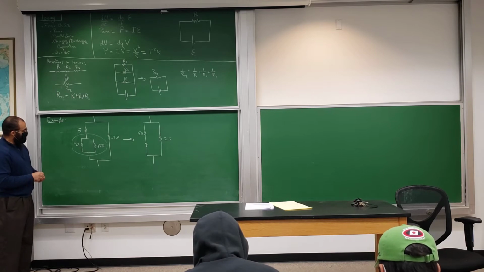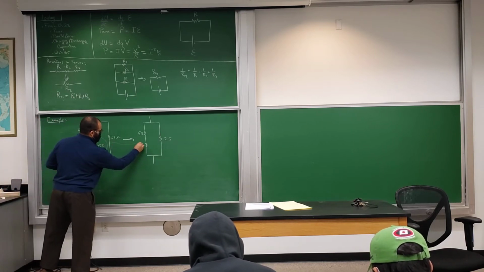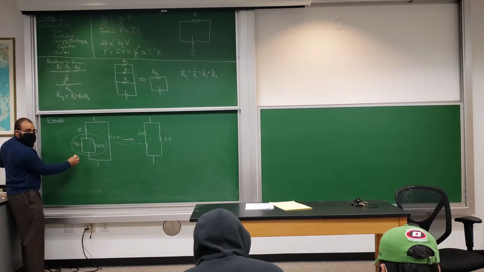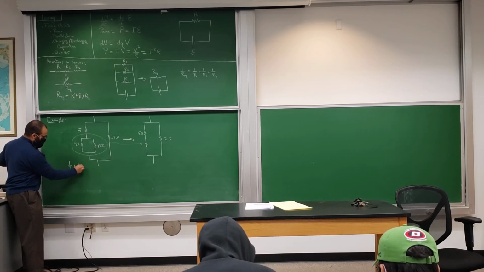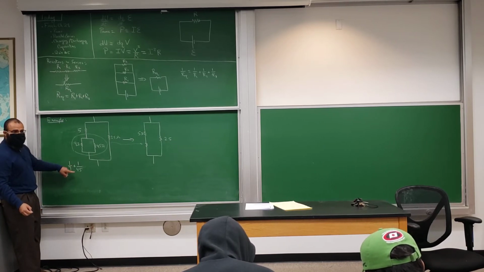So again, these will become this. The way you would find the equivalent, you would do 1 over 9, plus 1 over 45. So this is 5 over 45, and so it becomes 6 over 45.